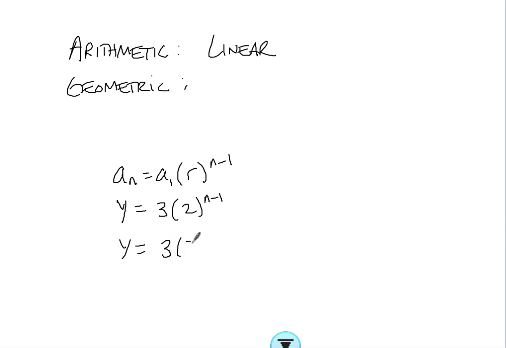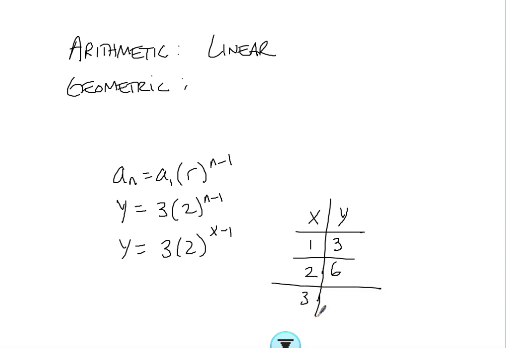Let's make an xy table. If I plug a 1 in for x, that would be 2 to the 0, which is 1, times 3 is 3. Say I plug a 2 in. Now I'll have 2 to the first, which is 2, times 3, I'll get a 6. Let's put a 3 in.